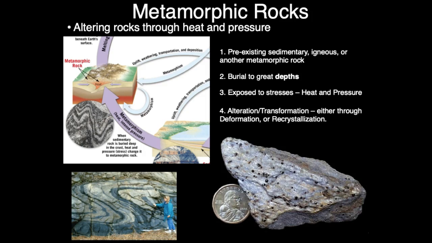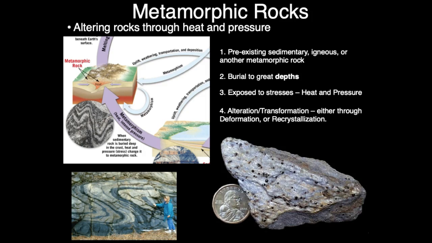Those are the main two things that affect it. And under those conditions, alteration or transformation takes place. And this can be done through deformation, it can be done through recrystallization, or it can be done through both of those things together, as we will see later in the chapter.